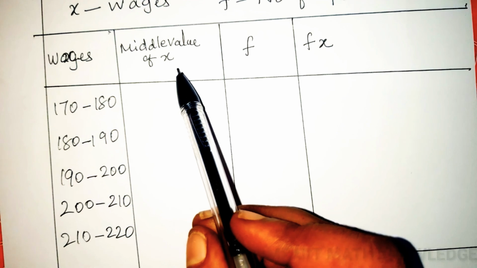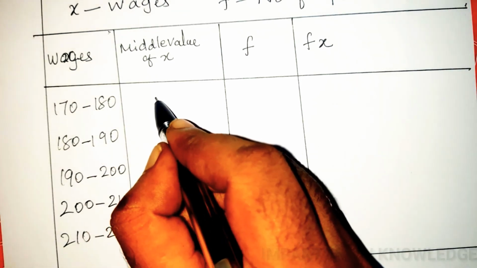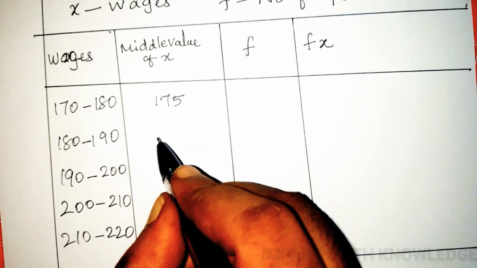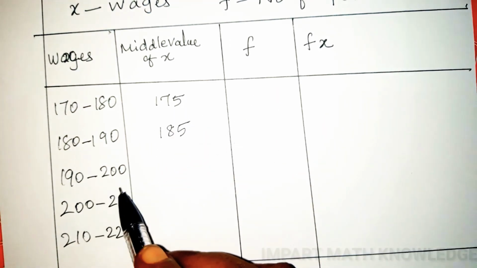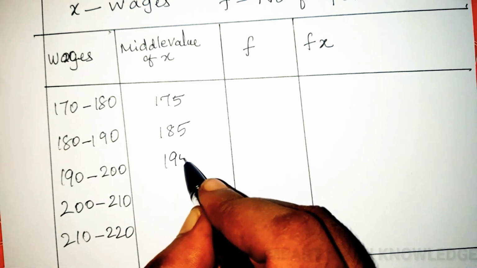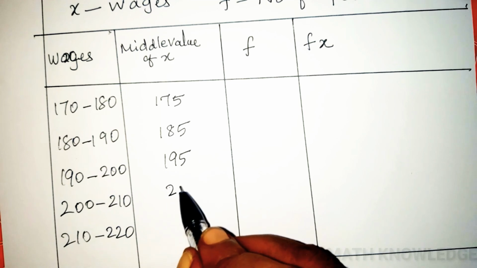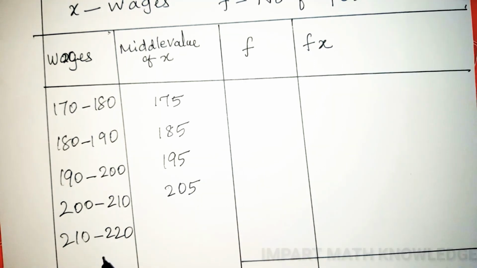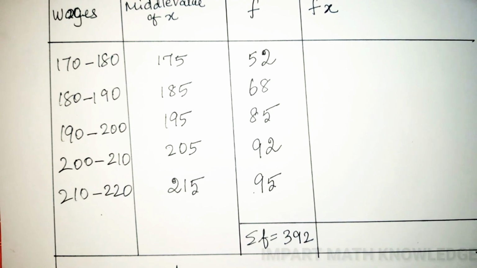We have to write the mid value. 170 to 180, the middle value is 175. 180 to 190, the middle value is 185. 190 to 200, the middle value is 195. 200 to 210, the middle value is 205. 210 to 220, the middle value is 215. The total frequency is 392.